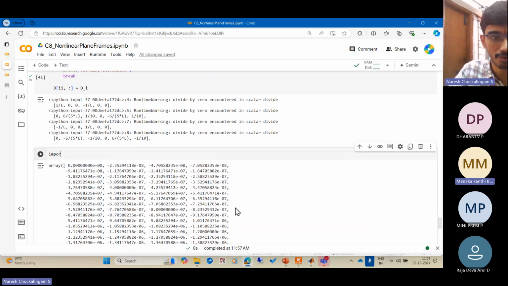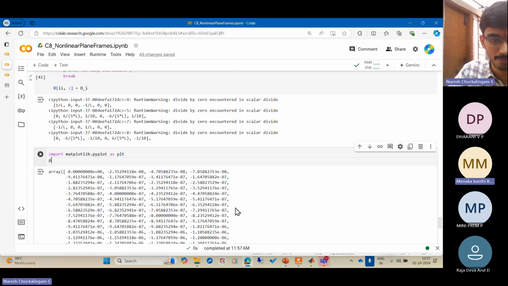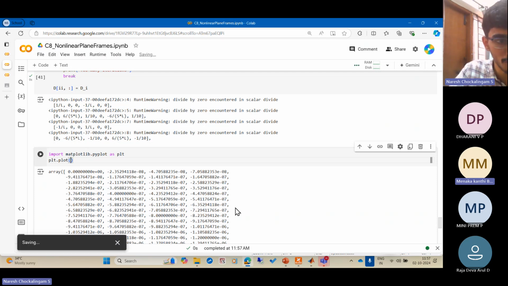So import matplotlib.pyplot as plt, then plt.plot. So let me plot the force versus displacement.